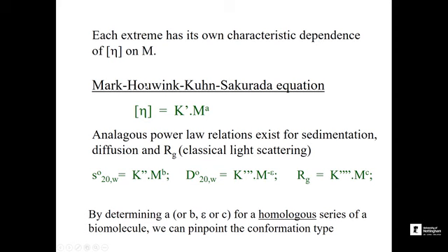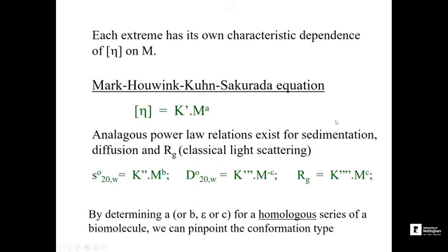Mark was German, Houwink is Dutch, Kuhn is Swiss, and Sakurada is Japanese. So how come all these guys are on this equation, which links intrinsic viscosity with molecular weight by this conformation or power law parameter a? So how come we got all these names?